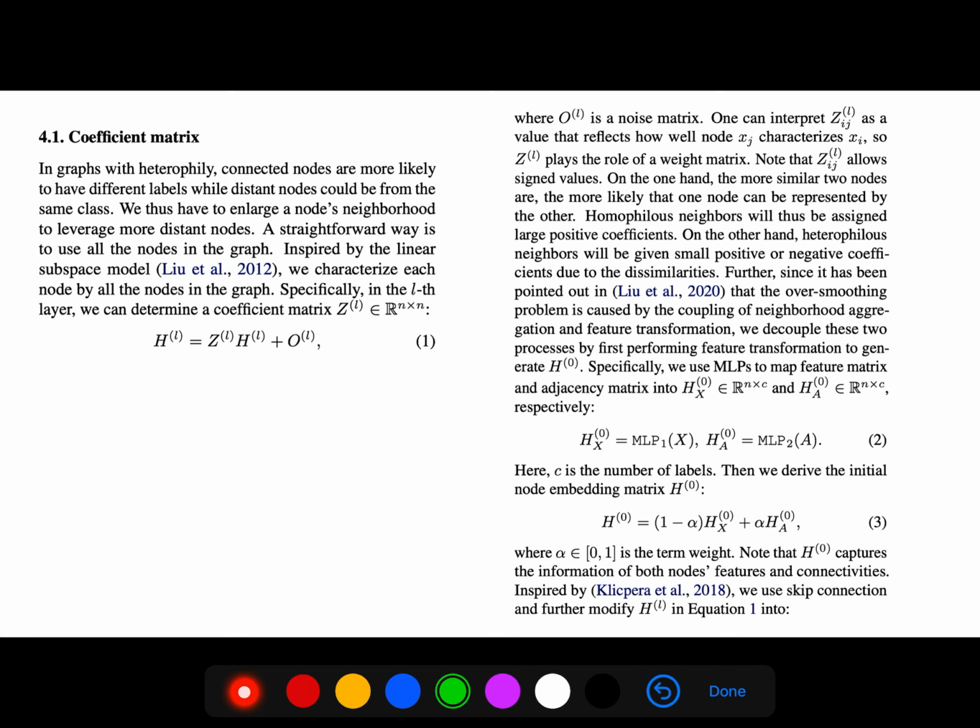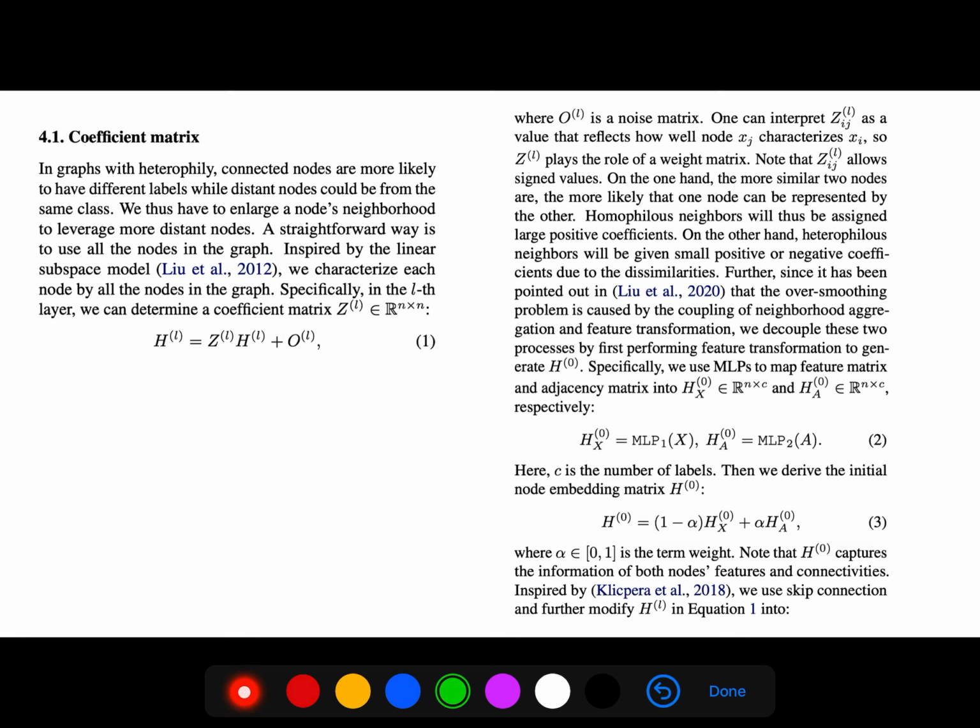Connected nodes are more likely to have different labels in heterophily graphs, while distant nodes could be from the same class. We have to enlarge a node's neighborhood to leverage more distant nodes. A straightforward way is to use all nodes in the graph. We characterize each node by all the nodes in the graph.